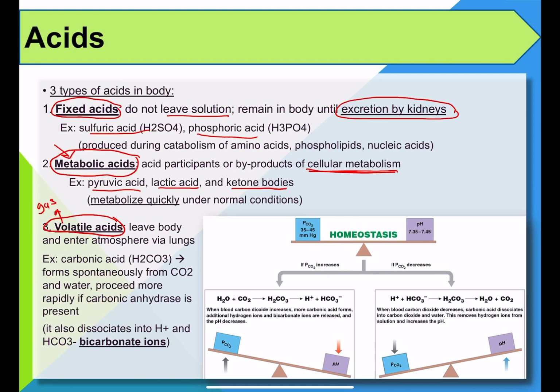So when your carbon dioxide level increases, okay, this is what we talked about in that respiratory physiology lab. So that's why I said back then, this is not the last you're going to see of this.